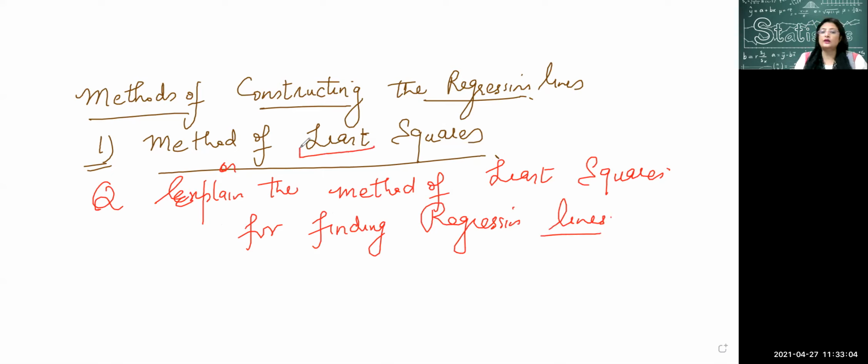There are two words, the one is least and the other is squares. It means we have to find some square and we have to minimize it, right? So let us start the proof. Method of least squares.